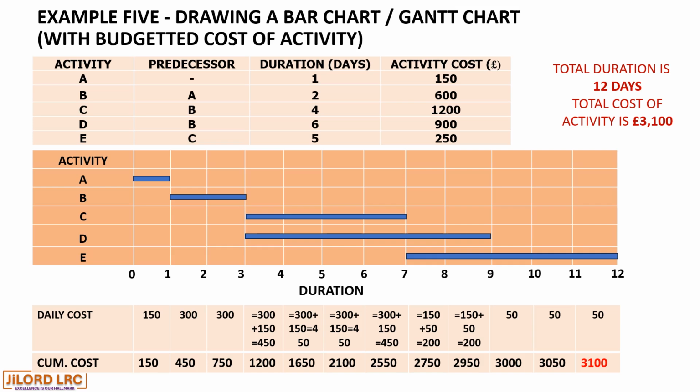On day 2, activity B attracted a £300 cost, and that is represented in the row of the daily cost, and that adds up to 150 from day 1, making a 450 in the cumulative cost row.